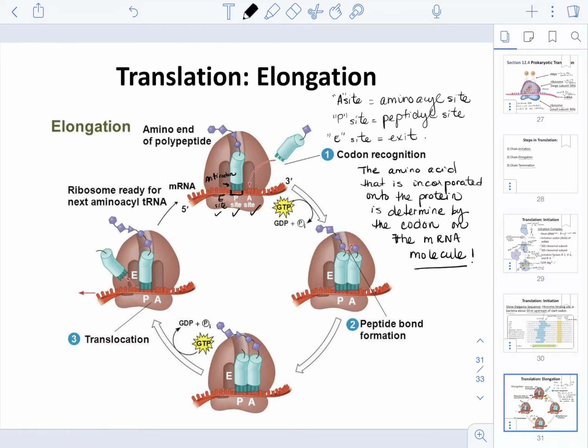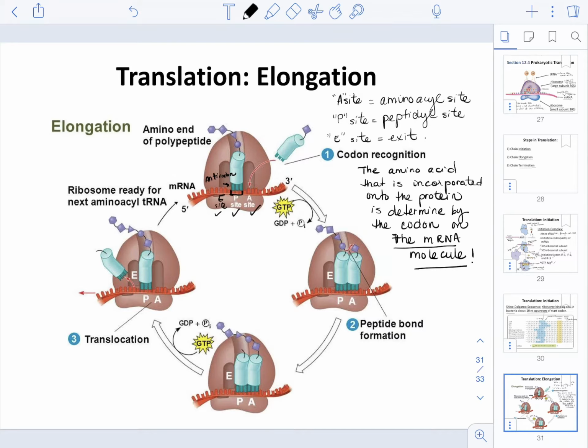The reason I specify that is because some students assume that the anticodon is what matches the amino acid. No. The aminoacyl-tRNA synthetase that makes those tRNAs has a very tough job because it needs to know the amino acid that the anticodon is going to be complementary with in order to attach the amino acid.